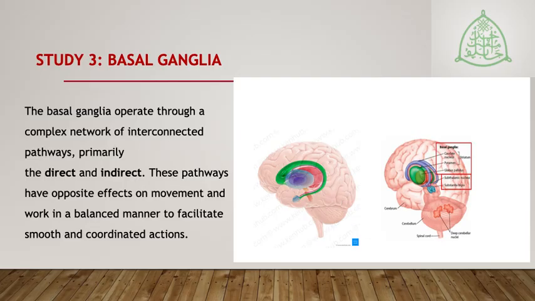This blue structure is what is referred to as the substantia nigra. Substantia nigra, just like the name, is a dark substance. This dark substance found in the midbrain is very important because it produces what is referred to as dopamine.